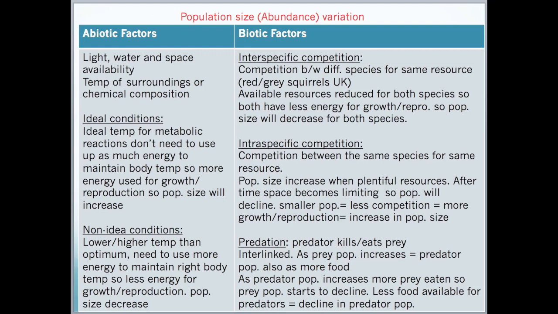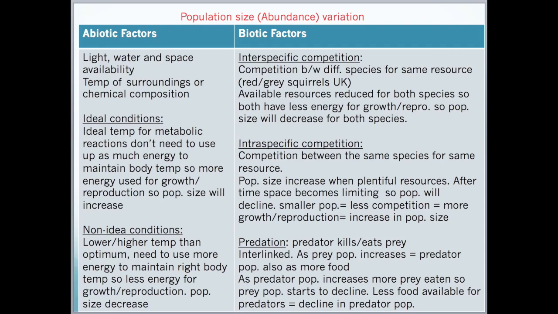Therefore, more energy is available for growth and reproduction, so the population size will increase. If we deviate from the ideal conditions, for example, when the temperature is lower or higher than the optimum, the organism will need to use more energy to maintain the right body temperature, which means that less energy will be available for growth and reproduction. Therefore, the population size will decrease.